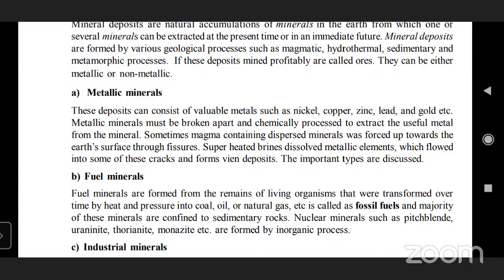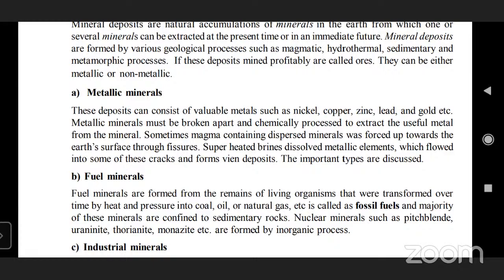So the deposits which can consist of valuable metals such as nickel, copper, zinc, iron, copper, lead and zinc, gold, etc. These metallic minerals must be broken apart and chemically processed to extract the useful metal from the mineral.